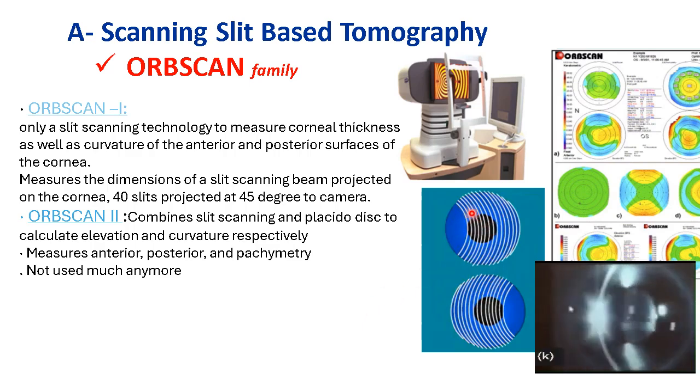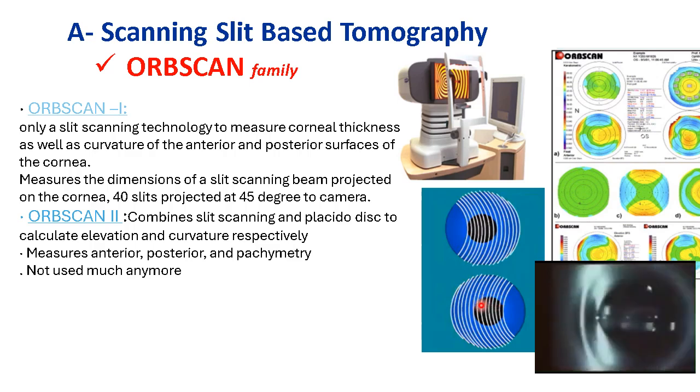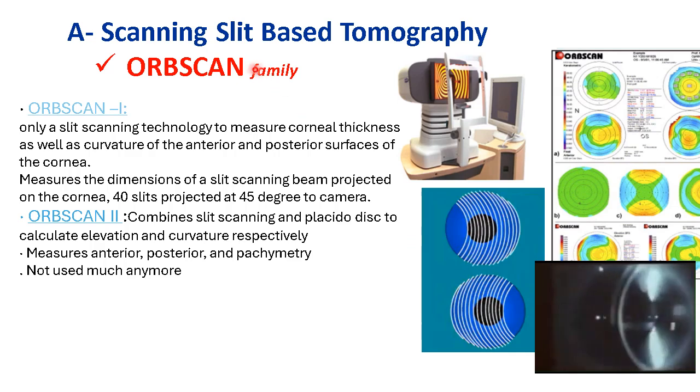Both of these rays overlap here in the center, so gathering more information on the surface of the cornea as well as the back surface of the cornea. So this is the initial generation.